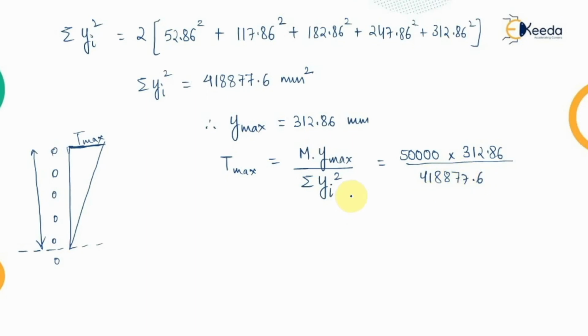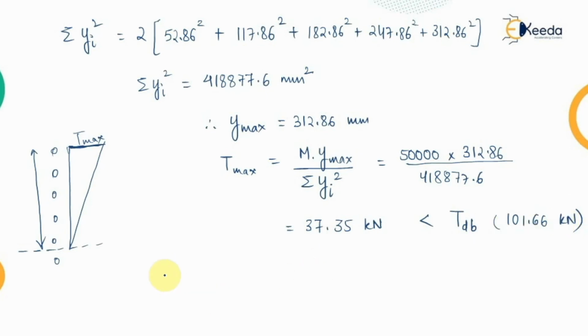So from here, if we calculate this value, that comes out to be 37.35 kilonewton. That is the maximum tension, and that is less than the maximum tension that is borne by the bolt, that is the design tensile strength of the bolt, which is equal to 101.66 kilonewton.